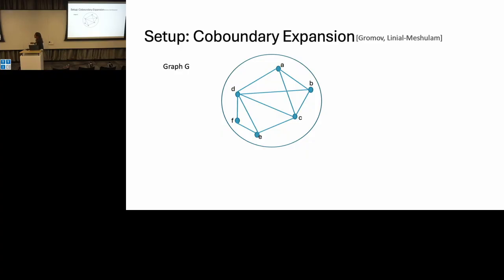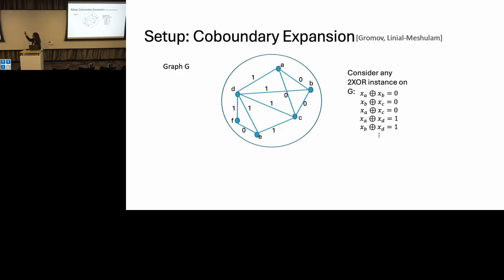So think of a graph with many triangles and consider any 2 XOR instance on this graph, which means consider a labeling of the edges with 0 or 1, which corresponds to a 2 XOR instance on the variables which are the vertices of the graph. So a natural question is whether this instance is satisfiable or not.